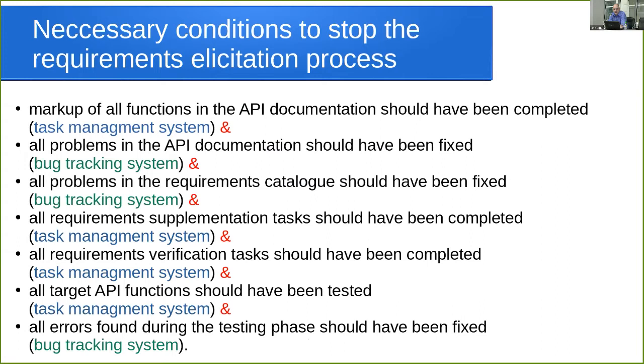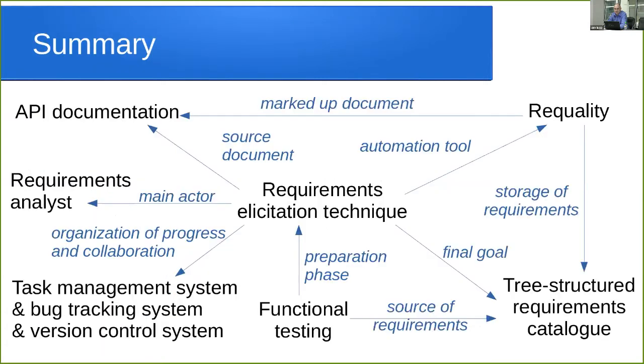Markup of all functions in the API documentation has been completed. All problems in the API documentation should have been fixed. All problems in the requirements catalog should have been fixed, and so on. So this task system and bug tracking system allows us to define these conditions to stop our activities.